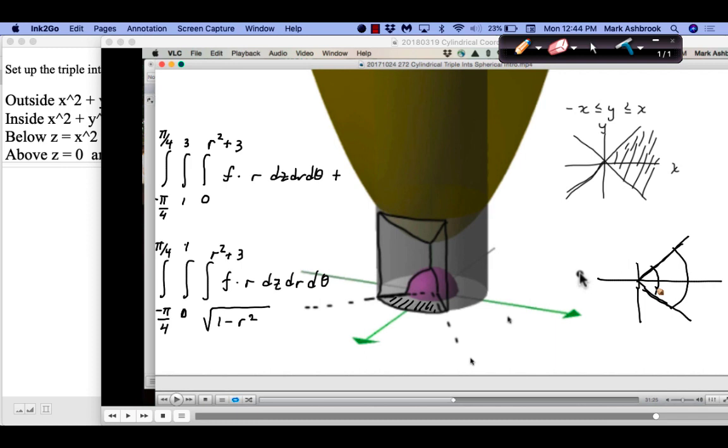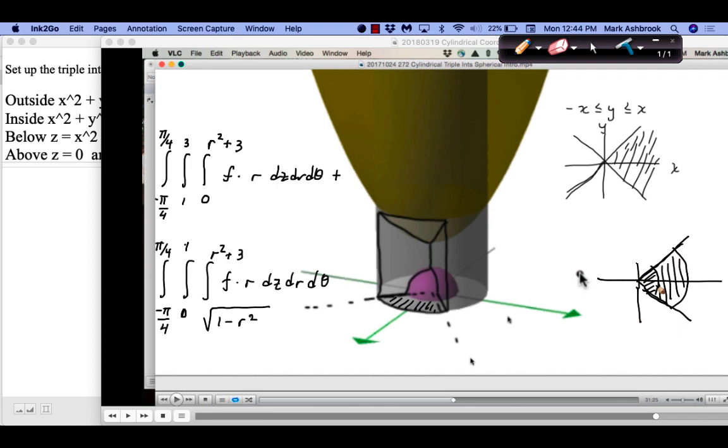So when we go from the sphere up to the paraboloid, that's in here. So that's going to be our outside double integral. It's going to be for that region. And when we go from this xy plane up to the paraboloid, that's this. So when you go from the plane up to the paraboloid, this is your outside double integral region.